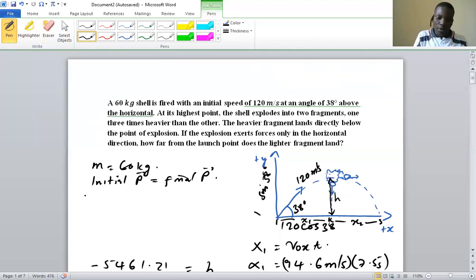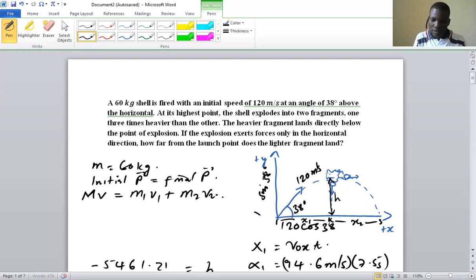So now, the shell of mass m with its velocity should equal to m1 v1 plus m2 v2.